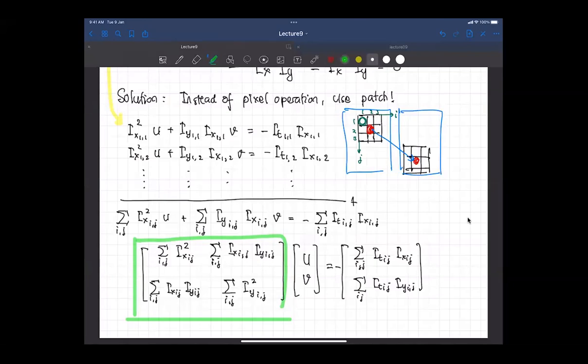If it is textureless, the sum, the derivative in Ix, remember what is Ix, right? You know Ix, right? Ix in discrete is what? Ix plus 1 minus Ix. So this is in discrete. And if you have a textureless surface, Ix equals what?